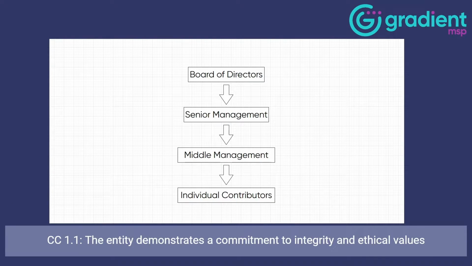So 1.1, the entity demonstrates a commitment to integrity and ethical values. Right off the bat, what this is truly getting at is the idea that security and really the entire business decision is top down. The board of directors, and at least in this organization, there is a board of directors. There might not be in yours.